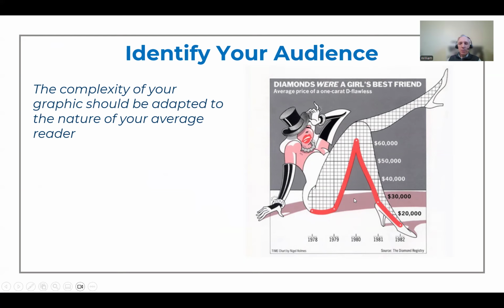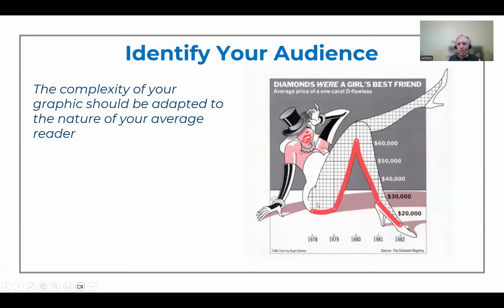One is Nigel Holmes, who thinks that you just want to communicate well, and one is Edward Tufte, who is this minimalist, and they're kind of at odds with each other. They have completely different opinions. So Nigel Holmes drew this chart, published it in Time, and it drew all kinds of comments from purists about what it's trying to tell.